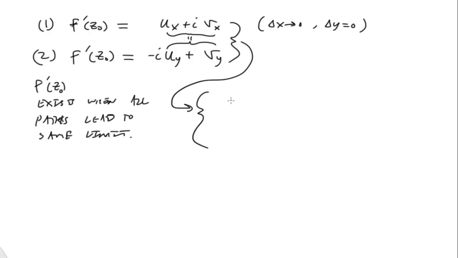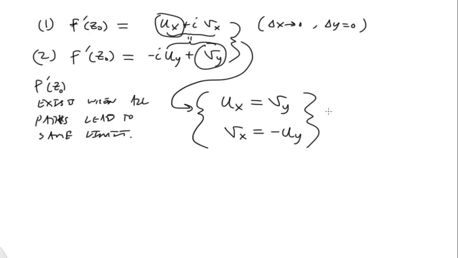I'm going to express it very cleanly here. Here's the real part of this function, and here's the real part of that function. So we have u x is equal to v y. Likewise, if I look at the imaginary part of both of these functions, I see v x is equal to negative u y. Okay, so it says f prime exists when all paths lead to the same limit, which gives us this really nice condition.